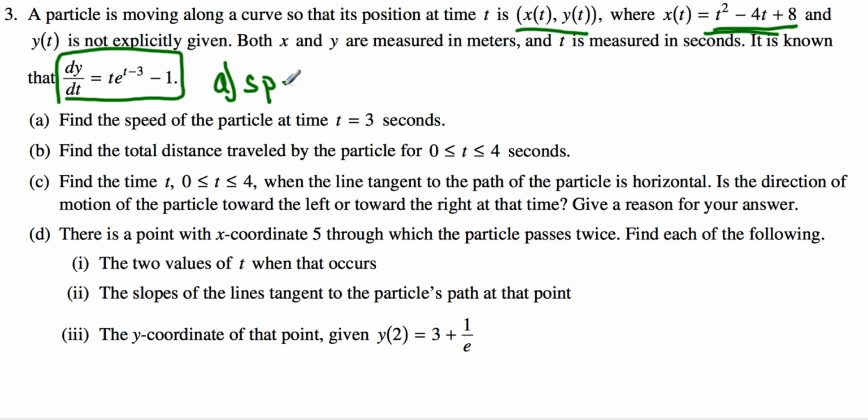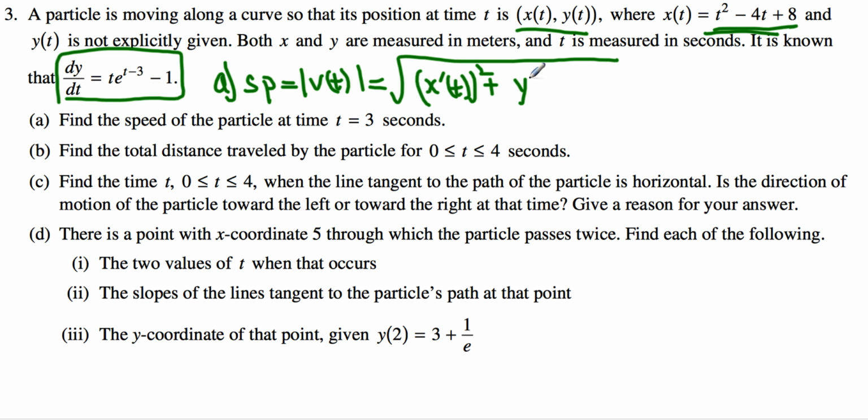Speed is the absolute value of the velocity. Since the velocity is a vector, we end up getting the square root of x prime of t squared plus y prime of t squared.